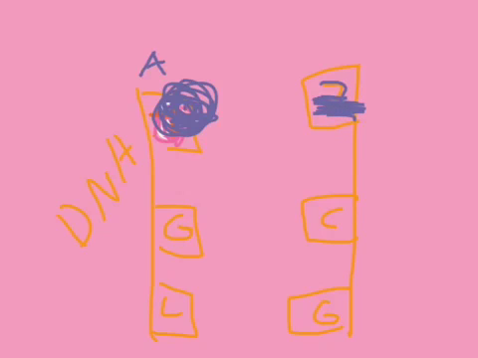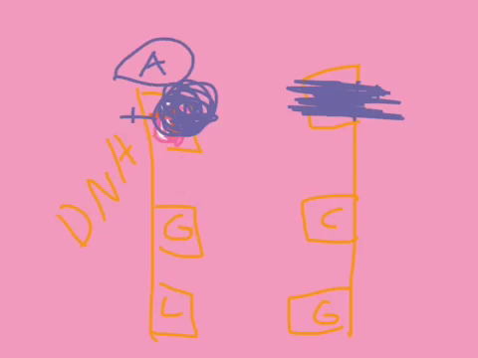Since that was a T originally, since this is RNA, this was a U, but then it also got changed because it needed to be able to pair with the A.